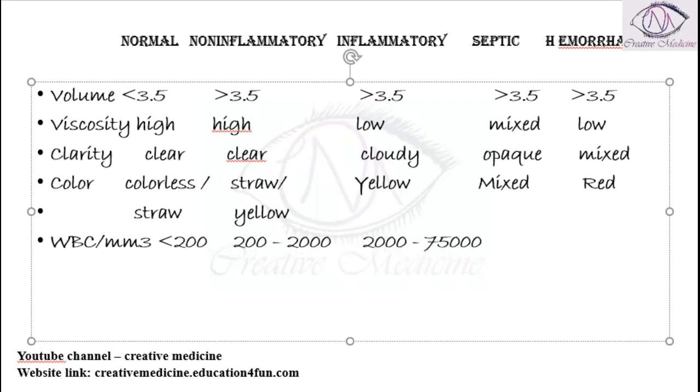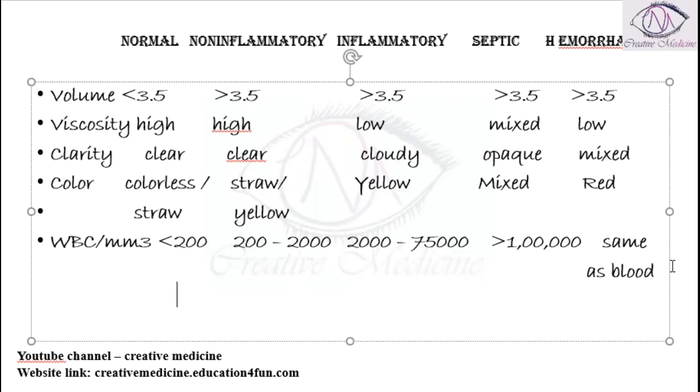In septic, there is inflammation, so it is even more, that is more than 1 lakh WBCs. Whereas in hemorrhagic, because blood is present, the number of WBCs is the same as that of blood.